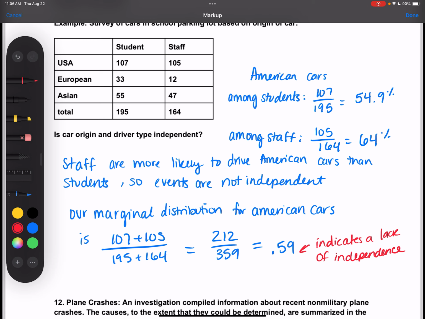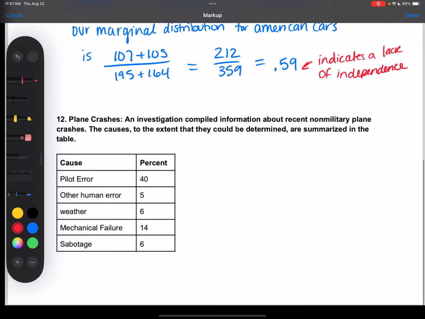What is happening? Okay, a lot happening there. Let's see, down to number 12, and this is number 12 out of the book.